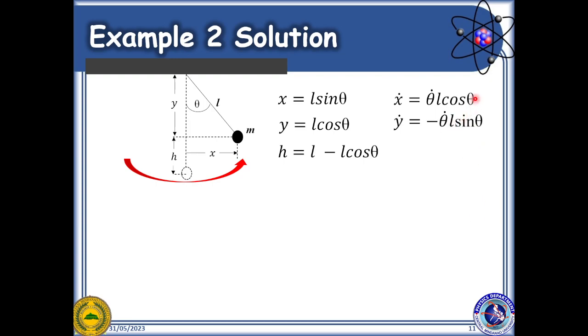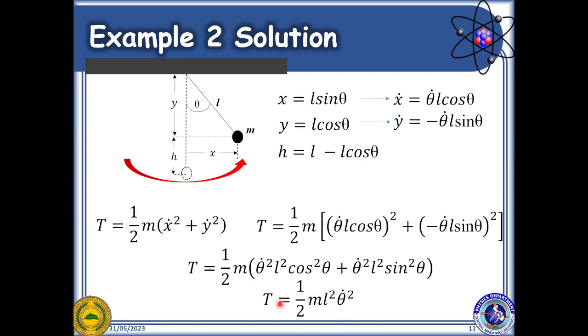Plugging this x dot and y dot into the equation for the kinetic energy, we obtain T is equivalent to 1/2 m L squared theta dot squared. So we have obtained the kinetic energy.